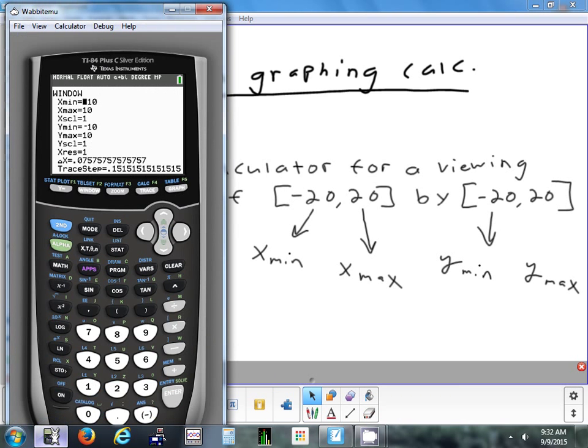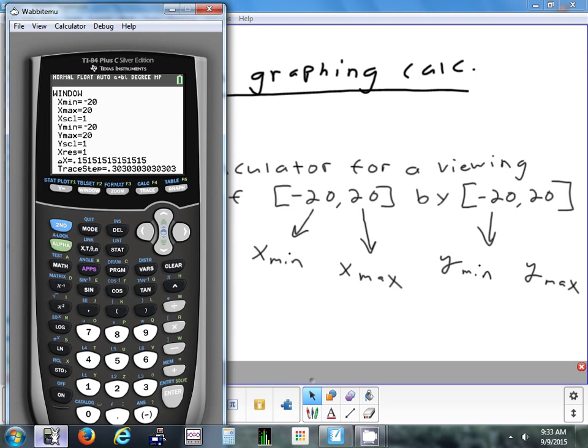So we're going to type in those numbers into the window. Be careful that you don't switch the min and the max. If you do that, the calculator is going to give you an error. Like if you try to set the max at negative 20 and the minimum at positive 20, that won't work. So just take negative 20 to 20 and go down to the min, negative 20 to 20.